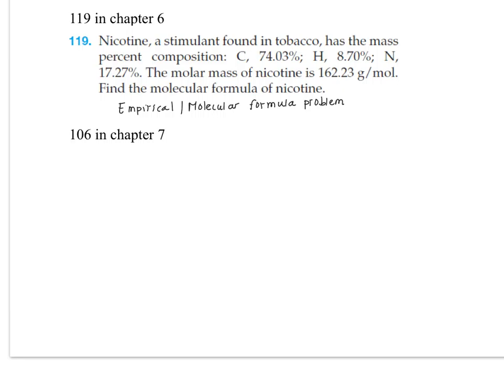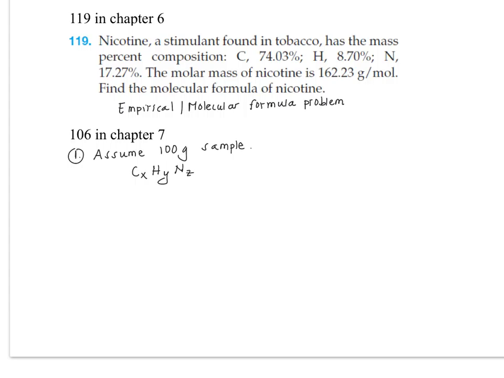So the first step that we're going to do in solving this problem is assume a 100-gram sample. That means we have 100 grams of a compound that has carbon, hydrogen, and nitrogen.